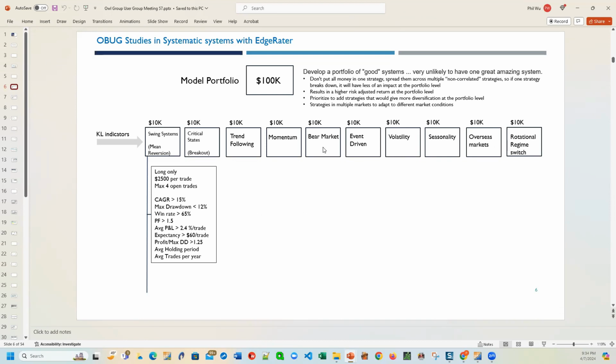So these are different strategies that what we'd like to do ideally is have them be uncorrelated to some extent. But if it becomes a big bear market, then this bear market strategies hopefully should mitigate, because the others may all work in the same direction, or maybe the volatility and the bear markets would provide some buffer.